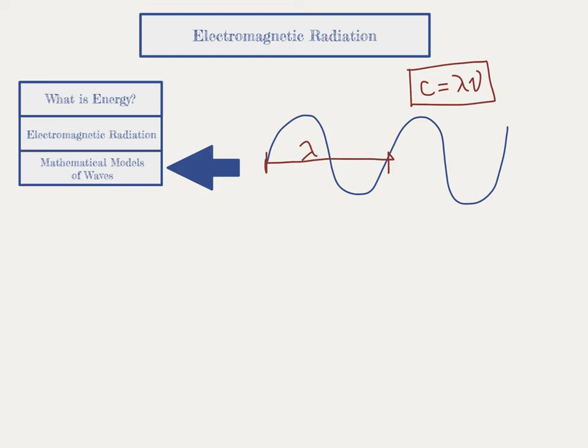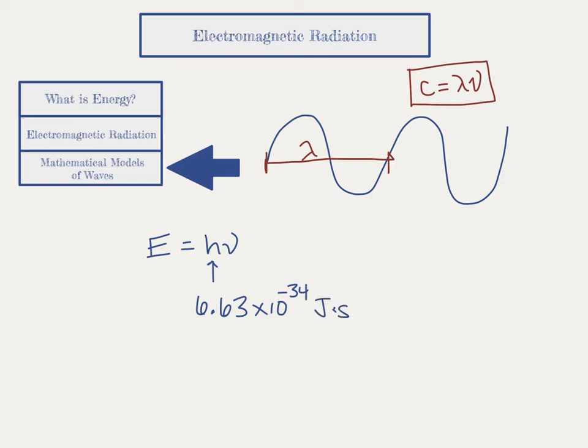There are some pretty famous scientists that came up with a way to describe the little packets of energy that electromagnetic radiation provides using these values. Energy is equal to a constant called Planck's constant times the frequency. Our textbook generally defines Planck's constant as being equal to 6.63, or 6.626, times 10 to the negative 34 joules times seconds.